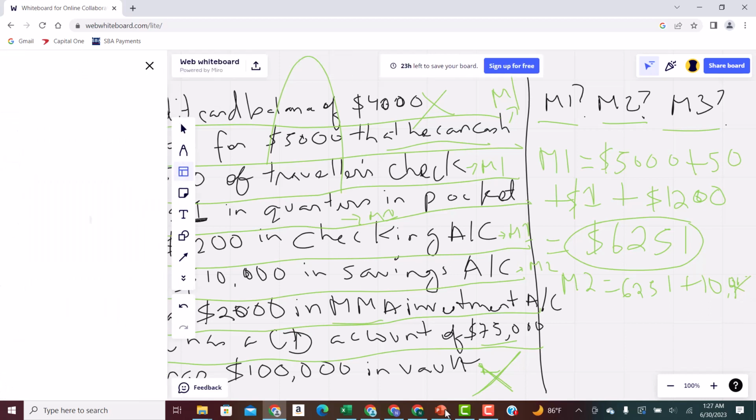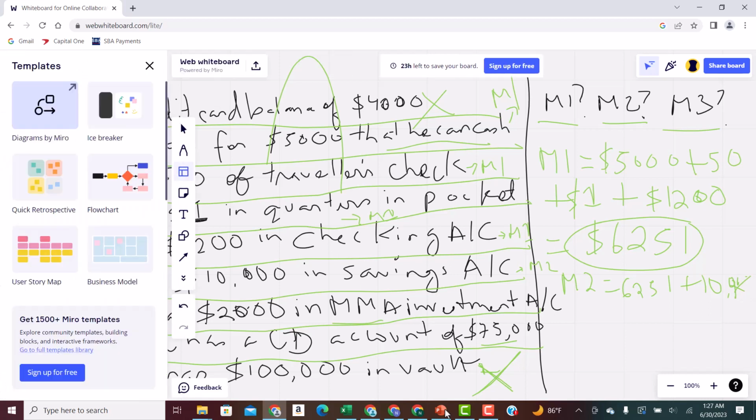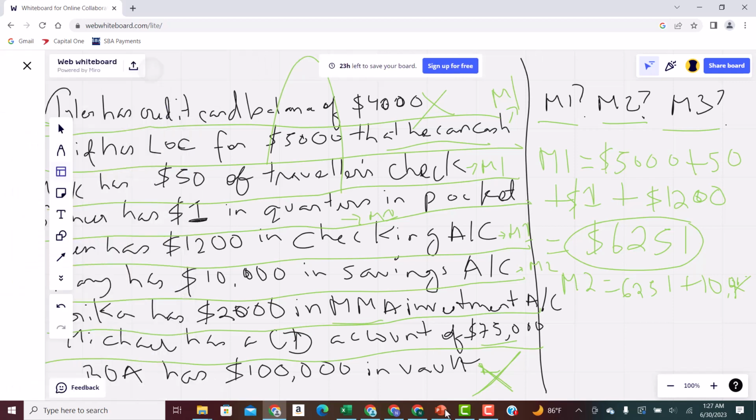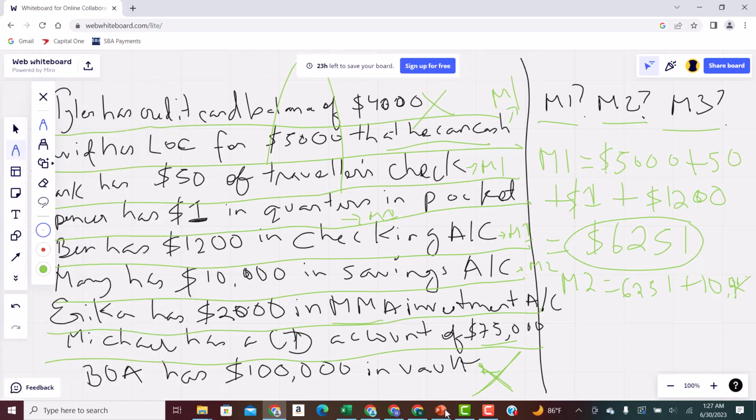Let me write it properly. 10,000 savings account is included in M2 plus the money market account.